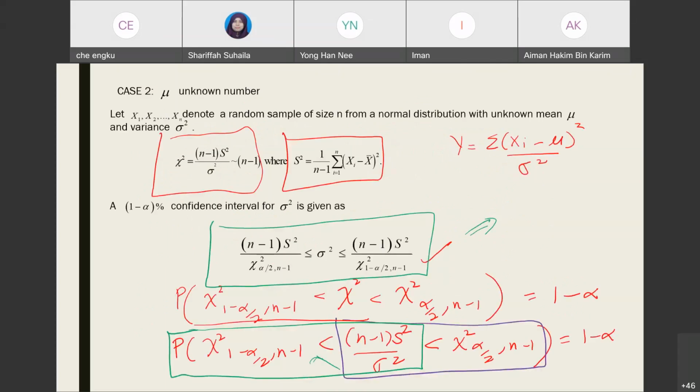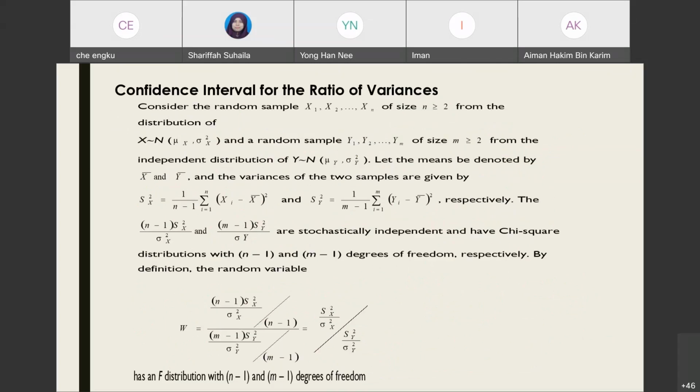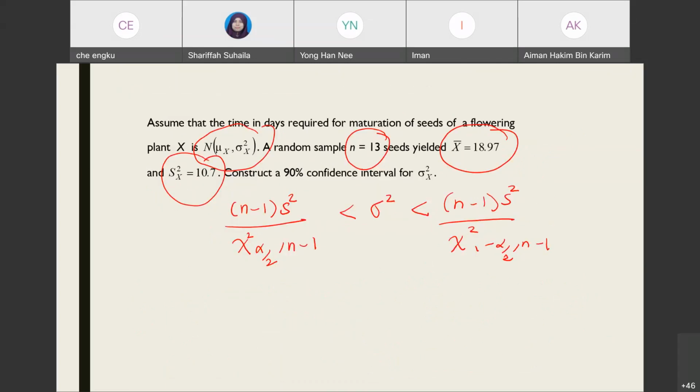Now get the same thing. Alpha is 0.1, so chi square alpha divided by 2 is 0.05. N minus 1 is 13 minus 1, 12. You get this value, chi square 0.95, degree of freedom 12.